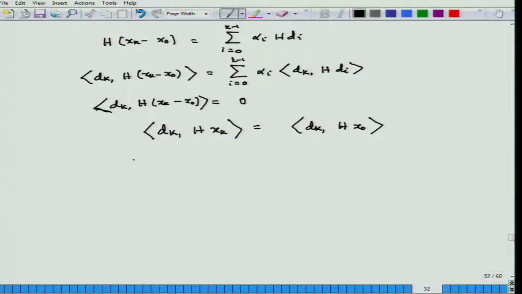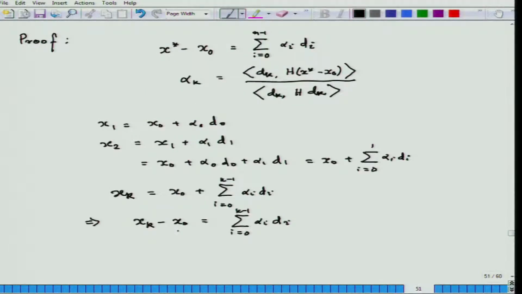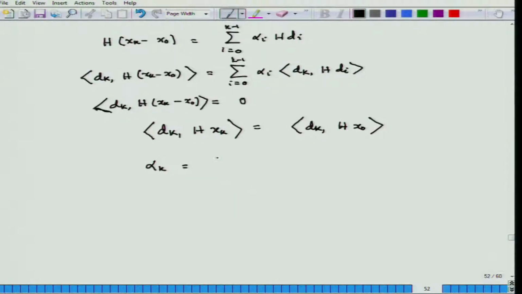So, alpha k need not now depend on x naught. Alpha k which we had computed on this page can now be written as d k, because d k of h x naught is h x k.